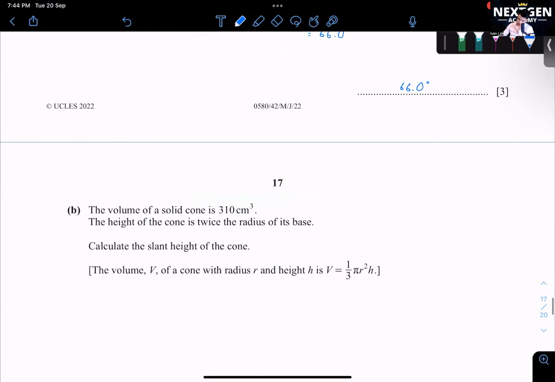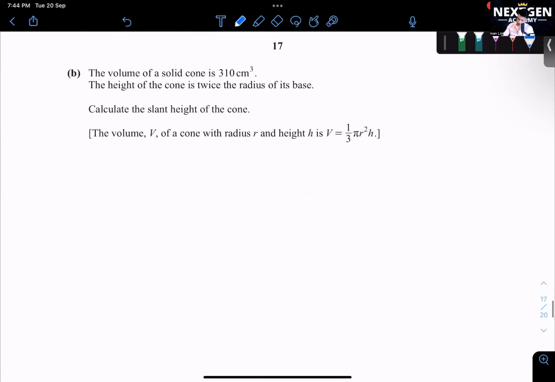Next one. Question B. The volume of a solid cone is 310 cm cubed. The height of the cone is twice the radius of its base. Calculate the slant height of the cone. They give you the formula: the volume of a cone with radius r is V equals 1 over 3 pi r square h.